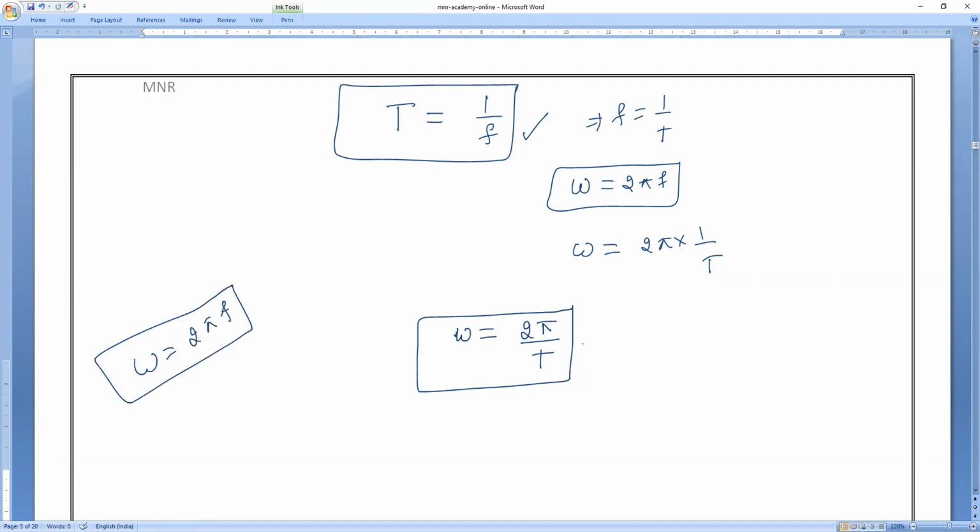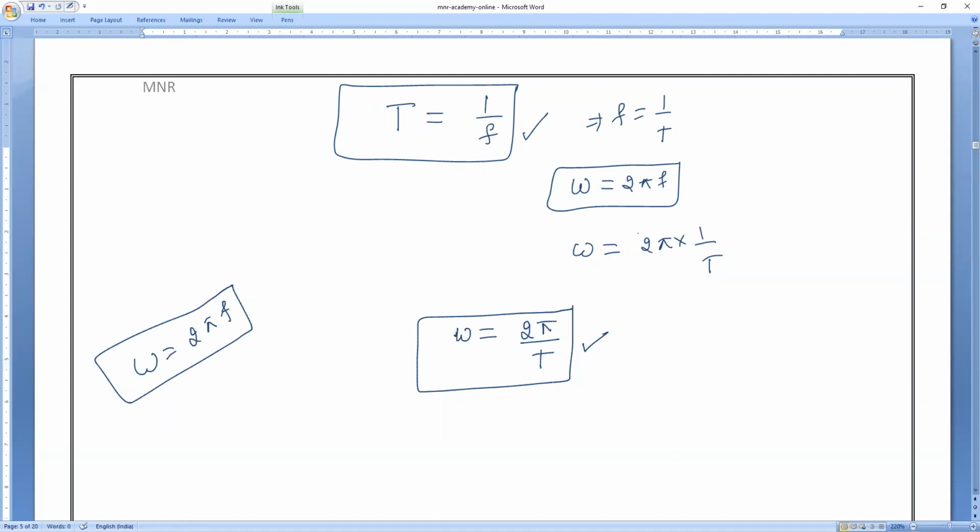Omega is equal to 2 pi by T is the relation between angular velocity and time period. This is all the basic phenomena about circular motion.